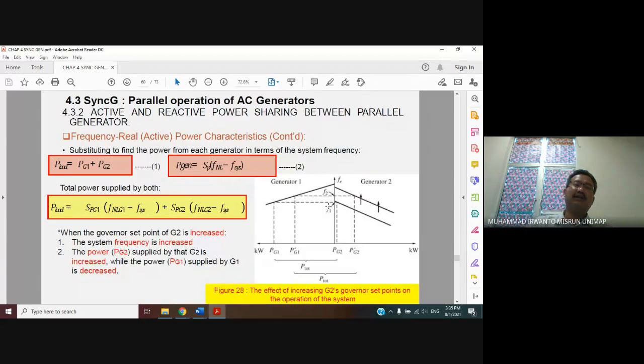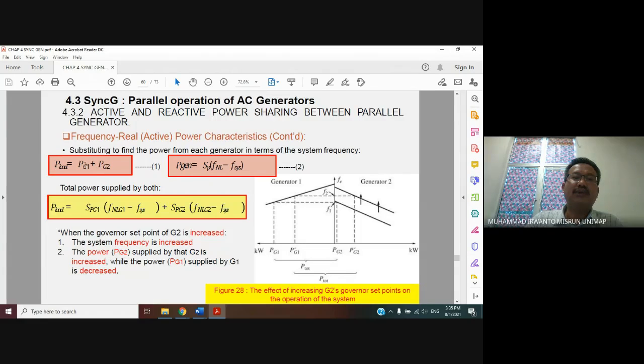Remember, the power generated by one generator is given by the slope of the power frequency multiplied by the no load frequency minus the system frequency. Equation 2 can be substituted into equation 1.